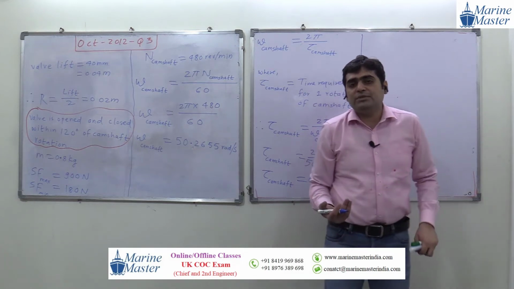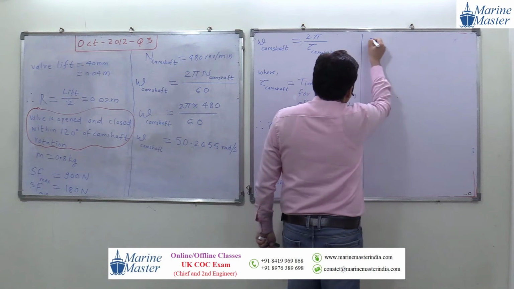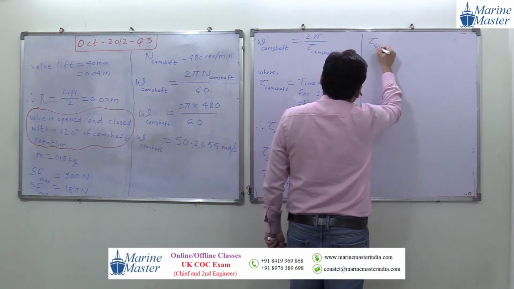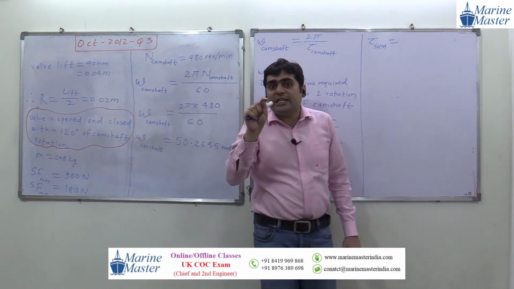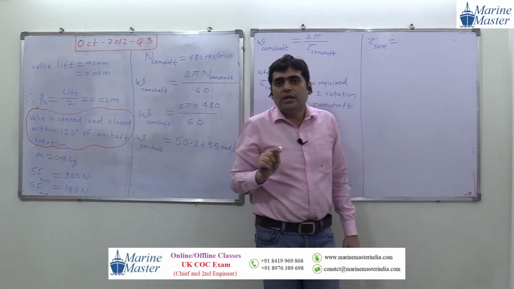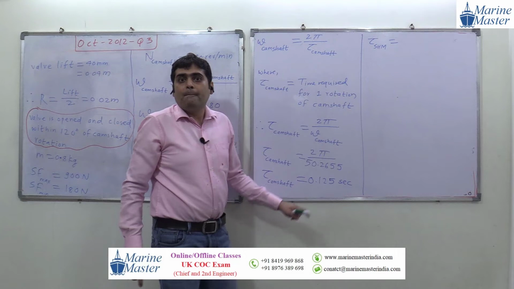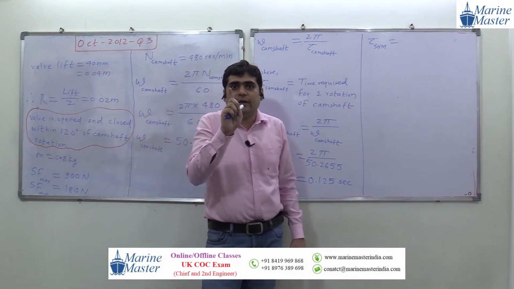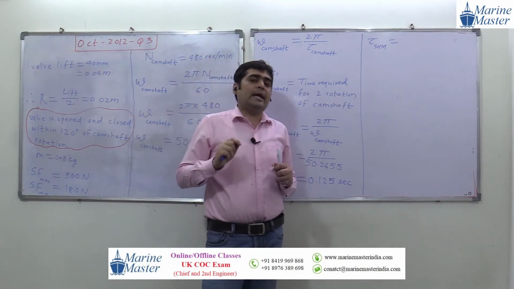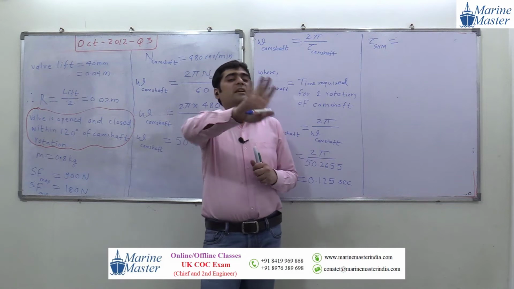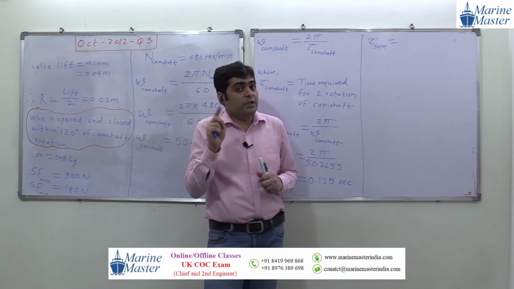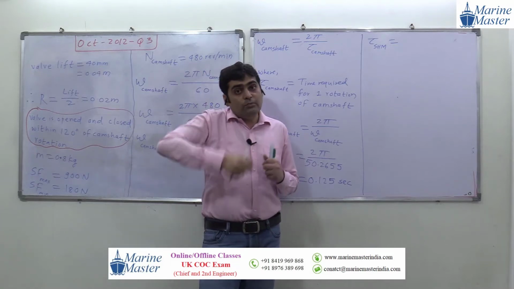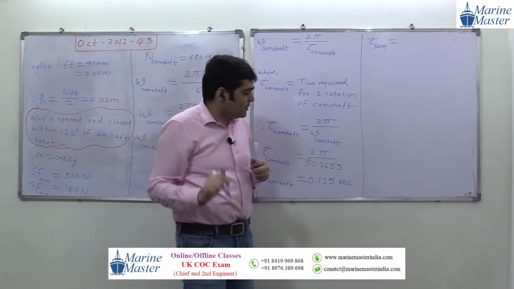So tau SHM means the time period for SHM, the time required for one complete oscillation of the valve. This time is for 360 degree, but we need the time for 120 degree only, because in 120 degree our valve does its complete one oscillation. I am saying one oscillation, not one rotation, because our valve moves up and down like that.